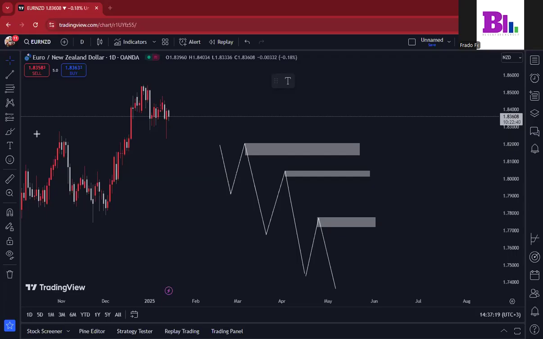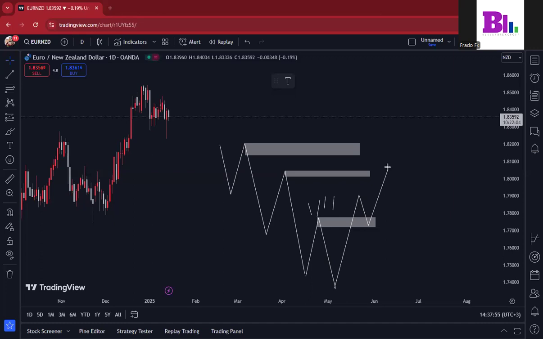So how do you get a breaker block at this area? For example, when you find price comes above here and breaks this one, okay? Then this order block here, this order block here, this order block becomes what we call a breaker block. So we expect, okay, when the price comes back here, we expect the price is going to touch this breaker block before it goes up this way.